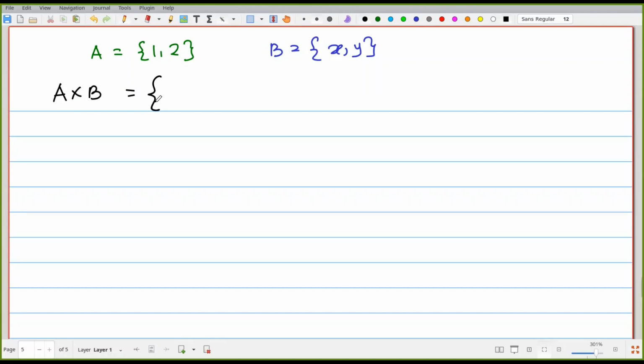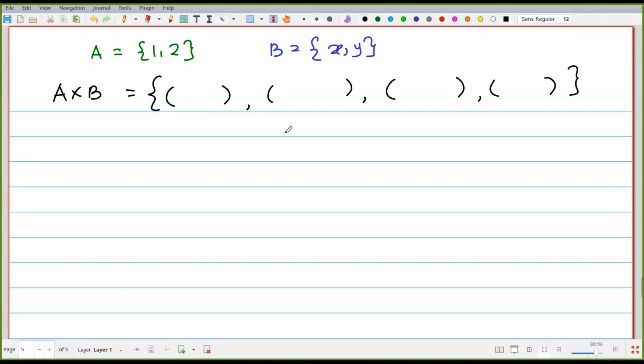Okay. Now look at this, what is the ordered pair? A is the left hand. So always in the ordered pair, the elements 1 and 2 that belong to A must be on the left hand. And how can we do it? I am just writing the elements first, because we are getting 4 elements.